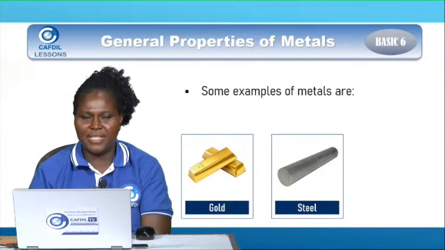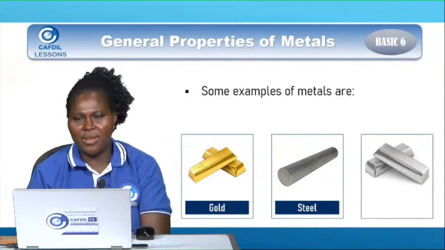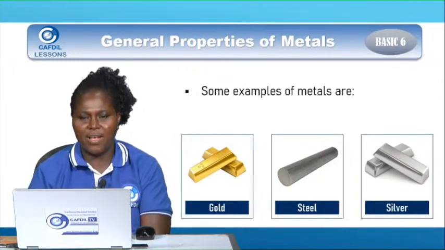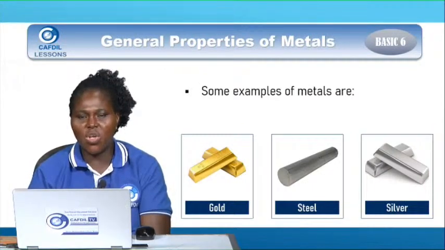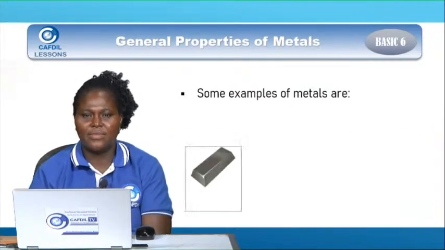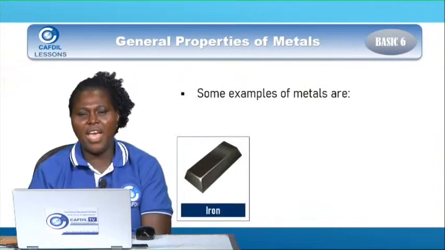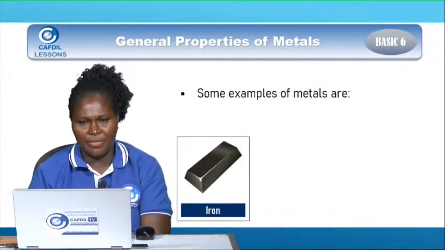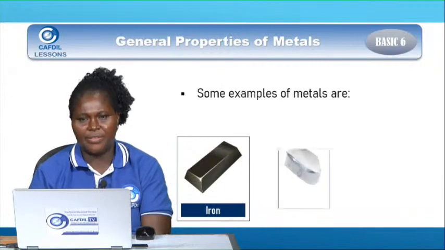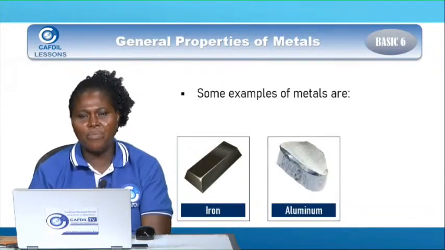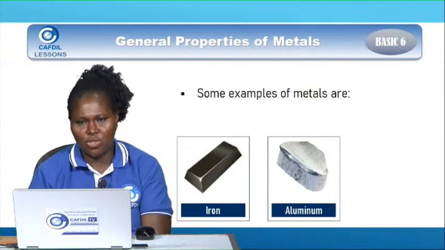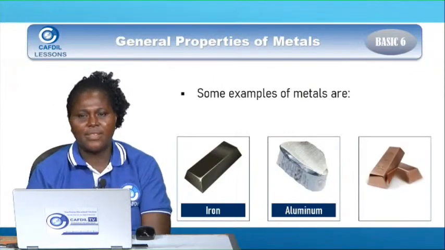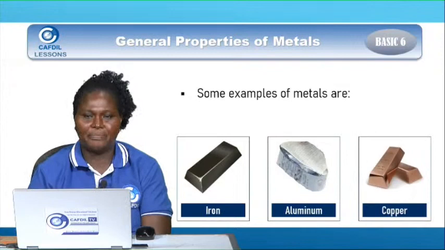Steel is a metal. 3. Silver. Silver is also a metal. And we have iron, and aluminium. Aluminium is also a metal.